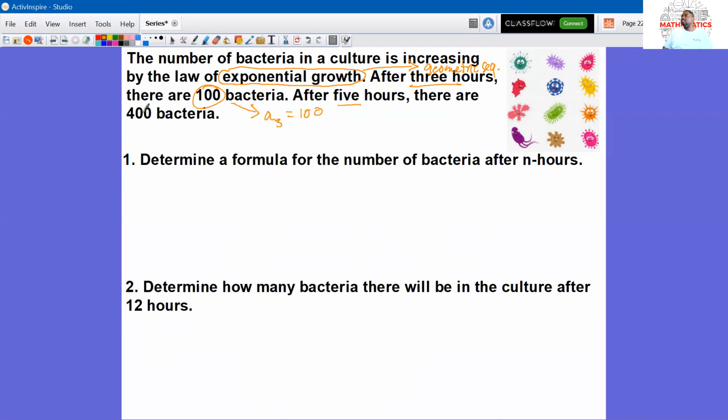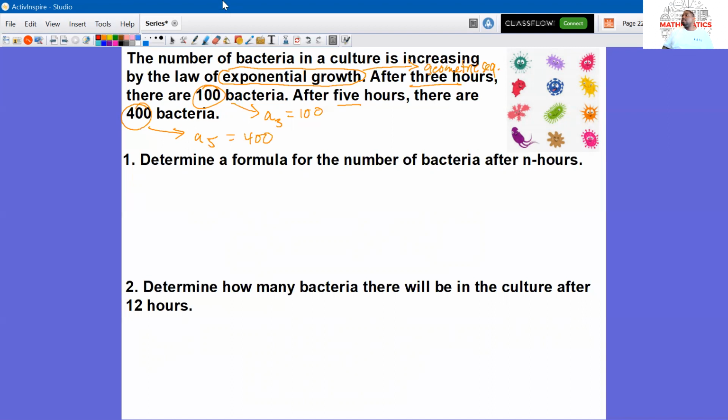After 5 hours, 400 bacteria. So A5 is 400. So it says determine the formula for the number of bacteria after n hours. So we don't know R and we don't know the first term, right? So we're going to have to do some work to obtain R, the first term.